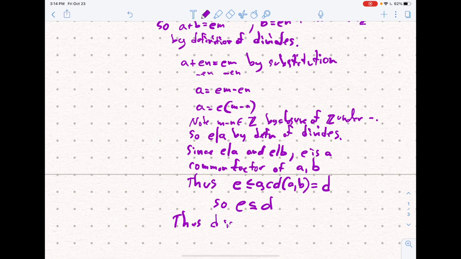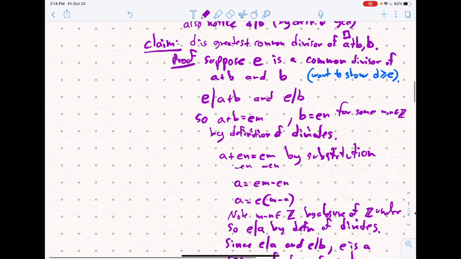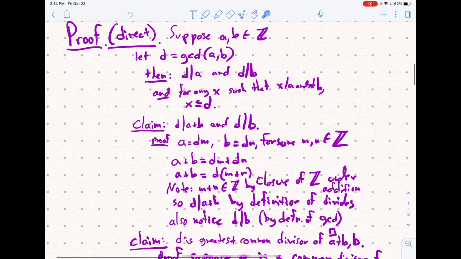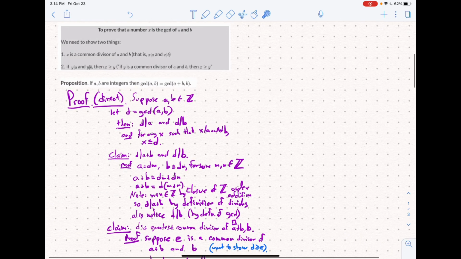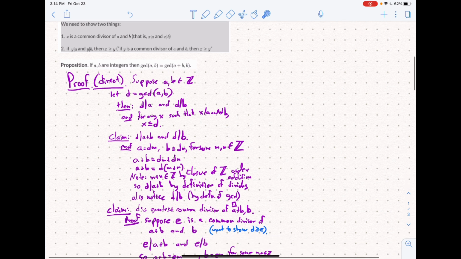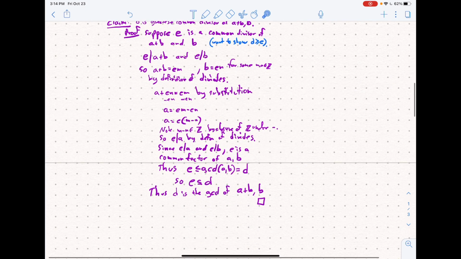Thus, D is the GCD of a plus b and b. And that completes both the proof of this claim and also the proof of the entire theorem, since the theorem was proving that the GCD of this guy was equal to the GCD of this guy. Okay? That's the end of the proof.